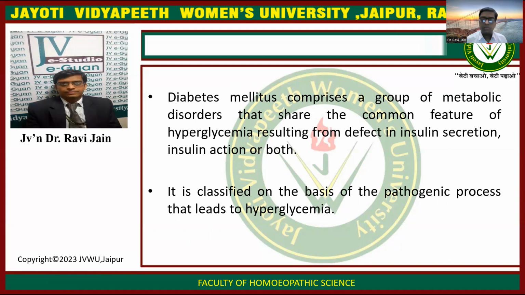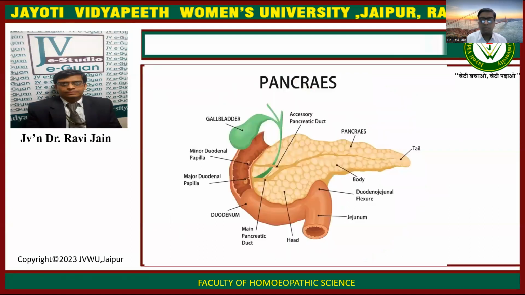So what is diabetes mellitus? It is a metabolic disease condition that shares the common feature of hyperglycemia. This hyperglycemia results from a defect in insulin secretion, insulin action, or both.